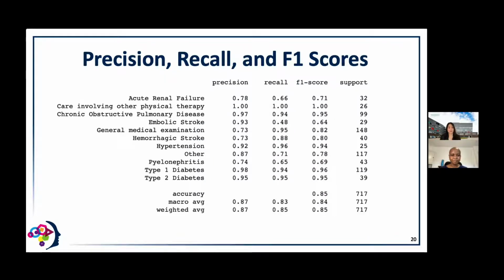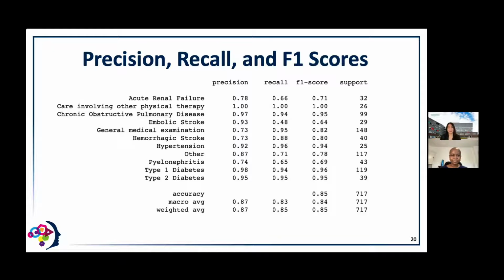We talked also a bit about the precision, recall and F1 scores. I'm not going to go into the technical details of how to calculate them, but basically these are scores that you can use to evaluate, from a clinical perspective, how well an application like this might work in an actual clinical setting.